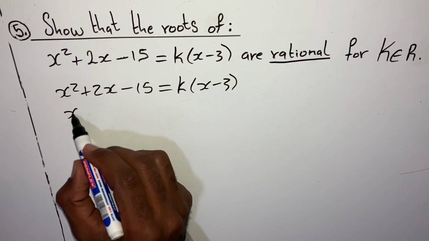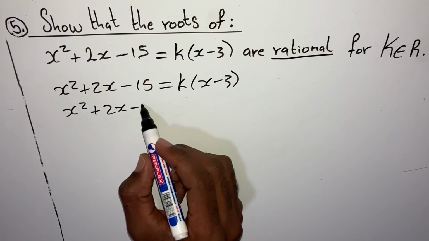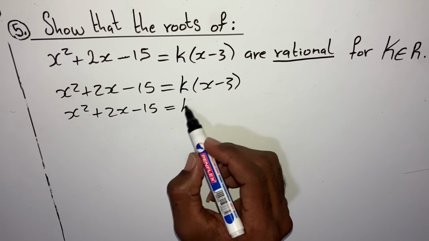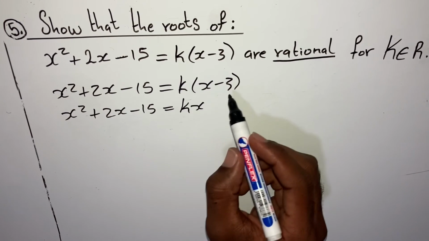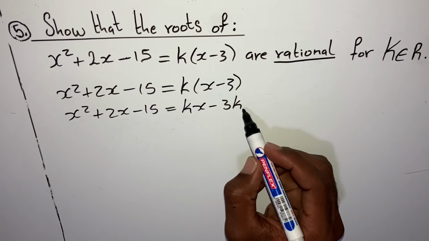Then x squared plus 2x minus 15 is equal to k times x, we get kx, k times negative 3 is a negative 3k.